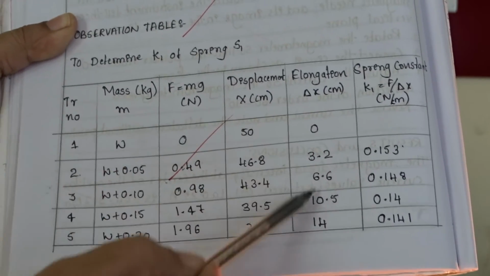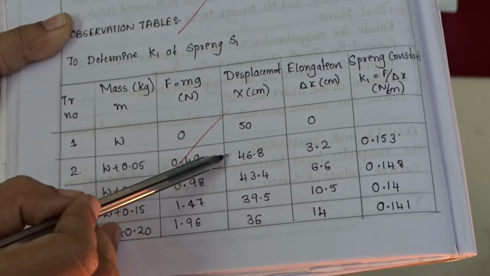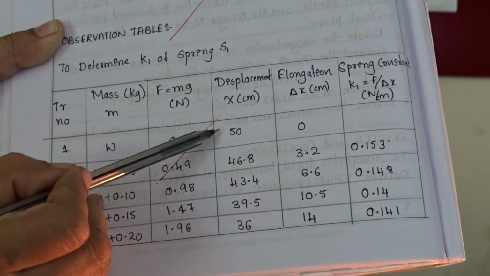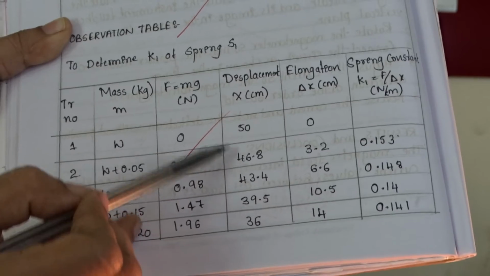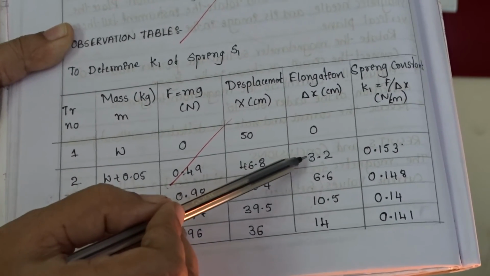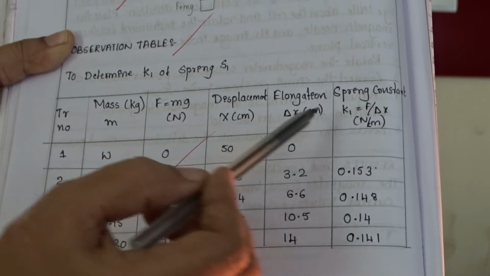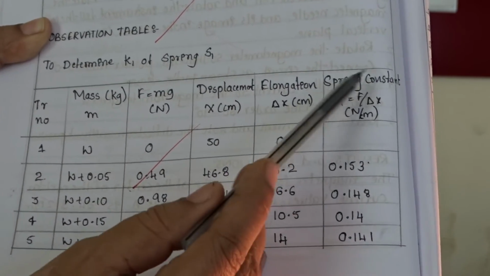Then the elongation column. You find the elongation by subtracting all these values from the first value. So the first one will be 0, then 50 minus 46.8 gives 3.2, and like that you get all the values. The last column is to find the spring constant.